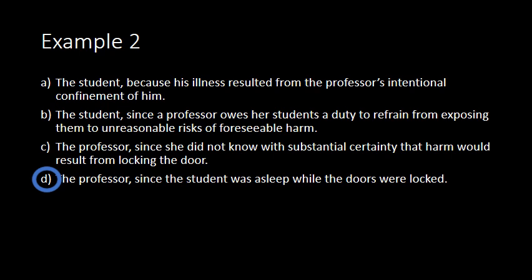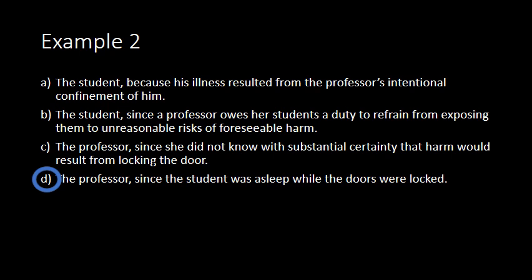So A is incorrect because it uses some sort of incorrect rule that requires this illness resulting from the intentional confinement of the student. It doesn't really speak to the rule that we have at all.